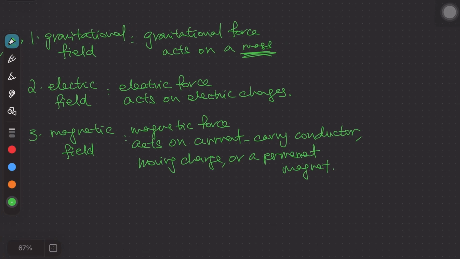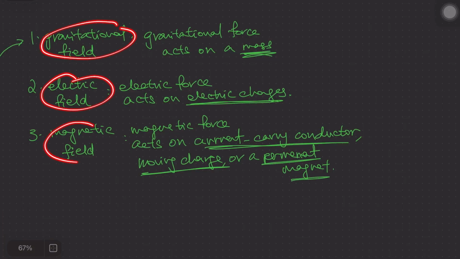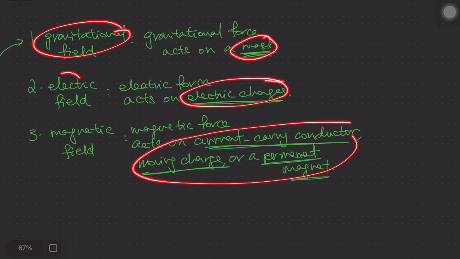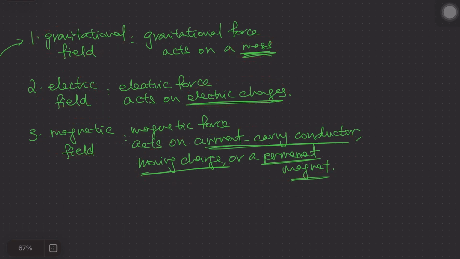So all of these properties are specific to the field. Only objects with these properties can experience a force in these respective fields. We'll learn about these specific fields in our subsequent chapters.